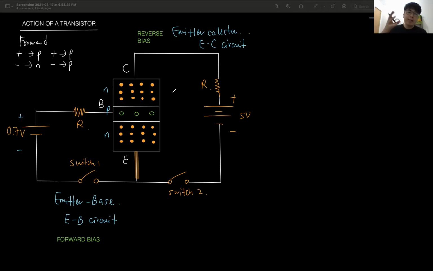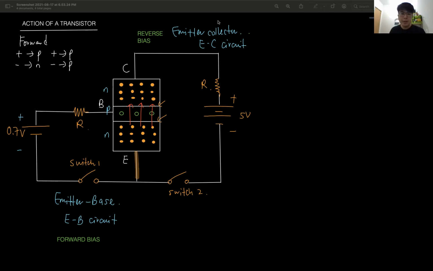Remember, reverse bias, current cannot flow. Plus you've got two depletion layers here. This depletion layer is going to prevent the electrons from crossing up here. So there will be no current flowing in the reverse bias circuit if this is switched off.